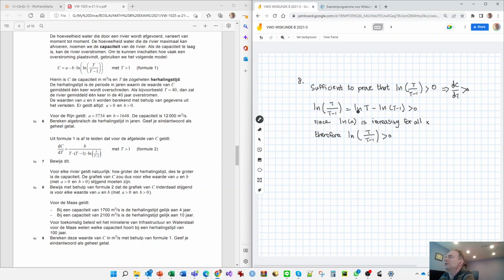Using some algebraic skills that you definitely need to know, this is log t minus the log of t minus 1. And since the logarithm function is increasing for all x, we also know that log t is greater than log t minus 1. So we have proven that this is the case.